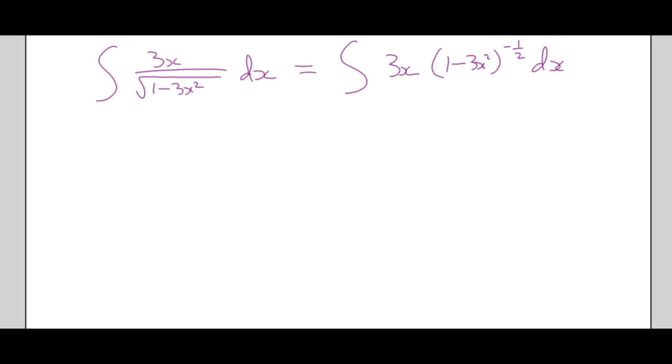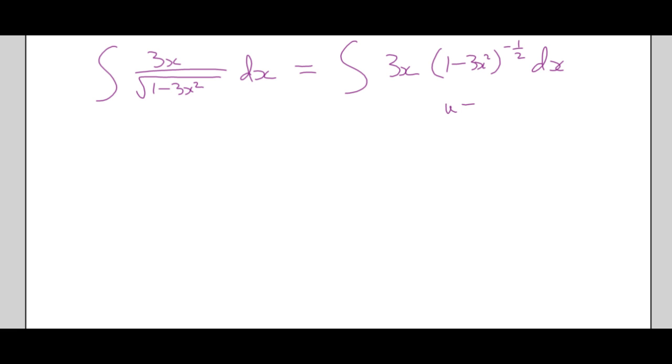Get it all in one line, right? We know the inner function is 1 minus 3x squared. We know the derivative of that's going to be negative 6x. So we're going to have to get a negative 2 somehow, right, to get that 3x to be a negative 6x. But let's just kind of formalize it, right?